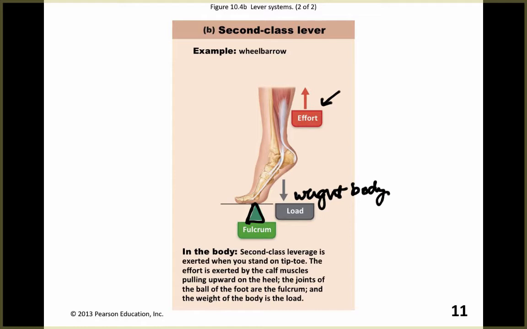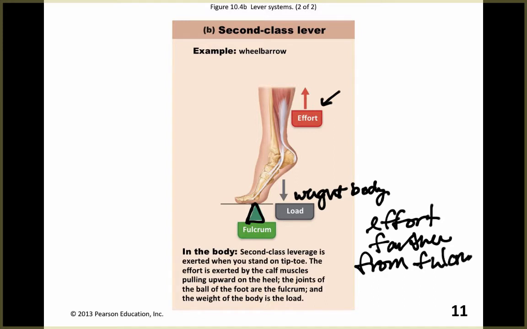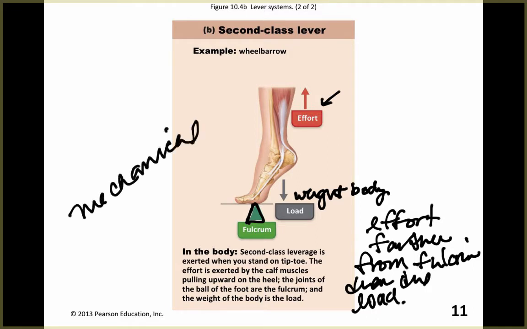This is where the effort is farther from the fulcrum, right, than the load is. So this one is actually at a mechanical advantage.